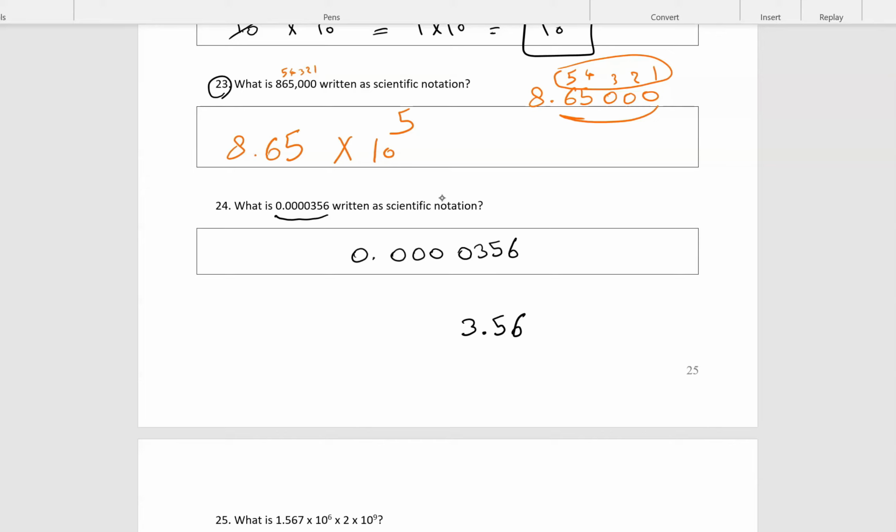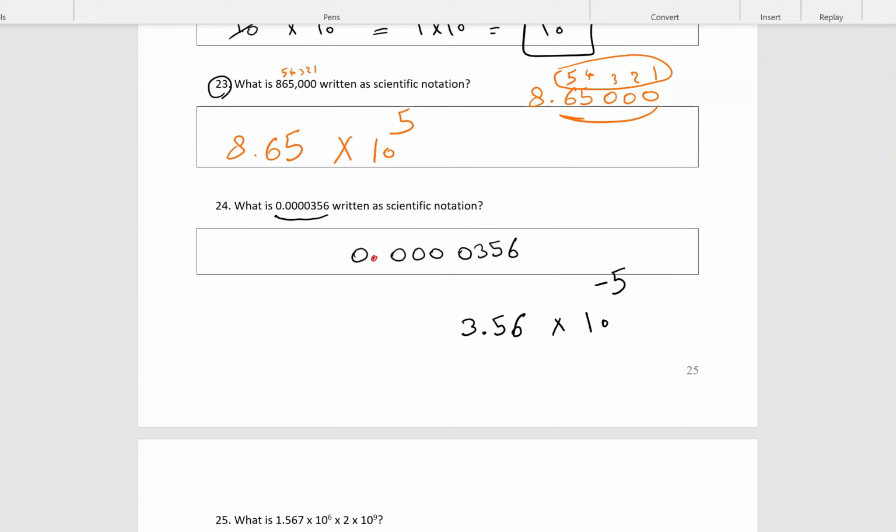So how many times do you need to move these numbers to the left? To the left: 1, 2, 3, 4, 5. So it's times 10 to the power of minus 5.